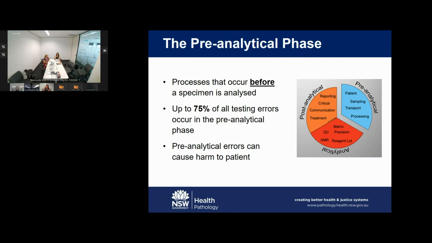It is a fact that's very well known that the pre-analytical phase of that whole of life testing is where most of our errors occur, or 75% of our errors occur, and those pre-analytical errors can definitely cause harm to the patient.